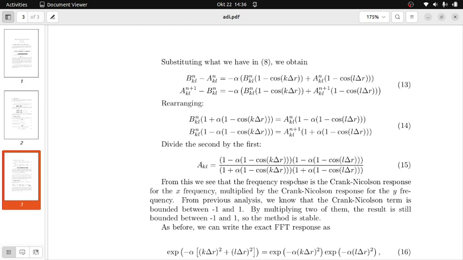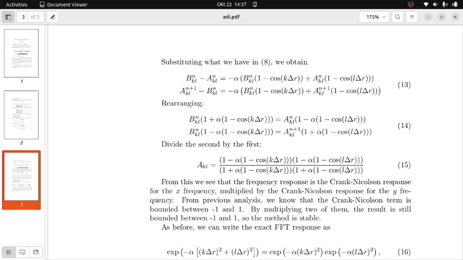And yes, because if you remember from the Crank-Nicolson method, we had something very similar. We had 1 minus alpha (1 minus cosine k delta x) divided by 1 plus alpha (1 minus cosine k delta x). So the frequency response of the ADI is the product of Crank-Nicolson responses, one for the x frequency and another for the y frequency.